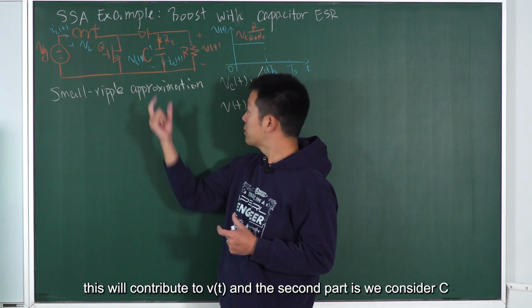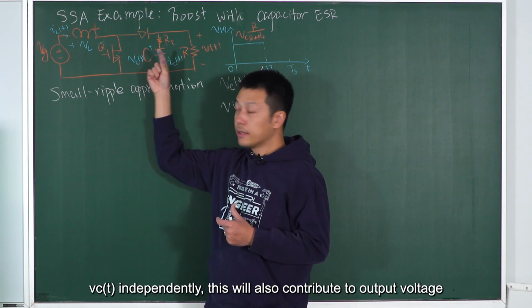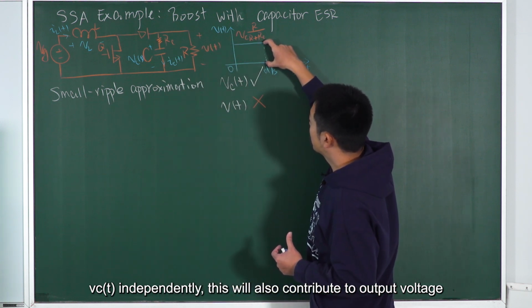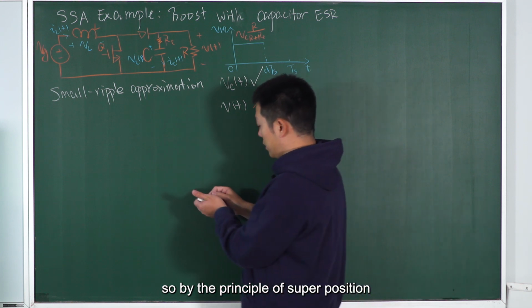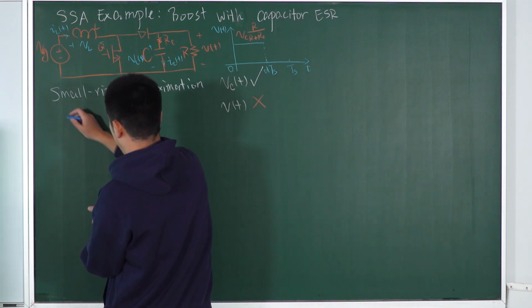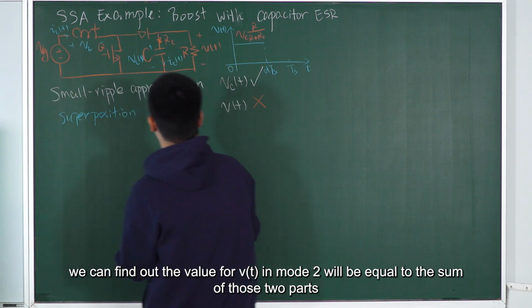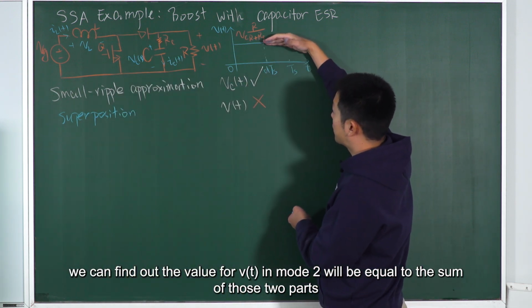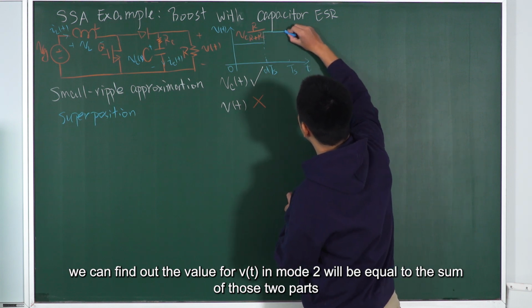And the second part is we consider VC independently, which will also contribute to the output voltage. By the principle of superposition, we can find the value for V in mode 2 equals the sum of those two parts.